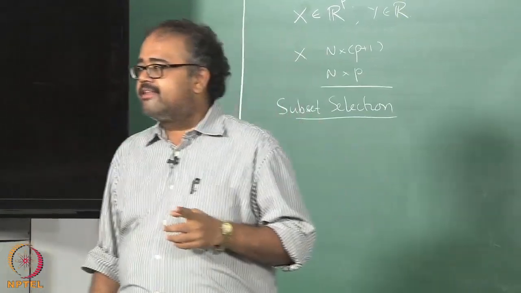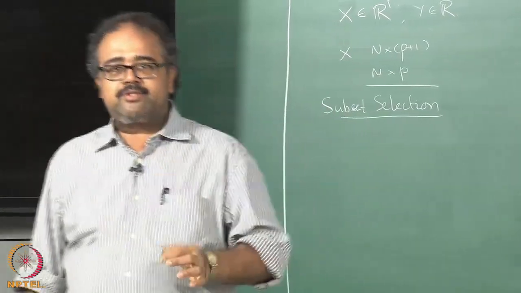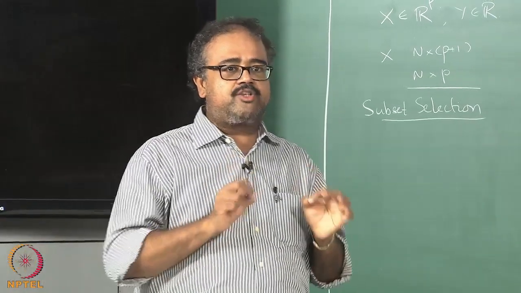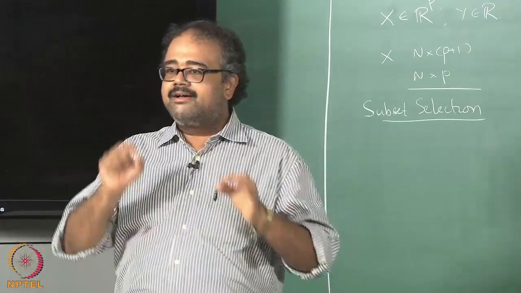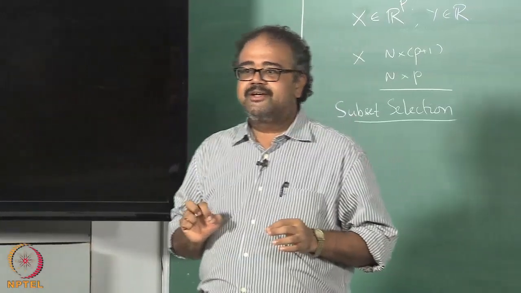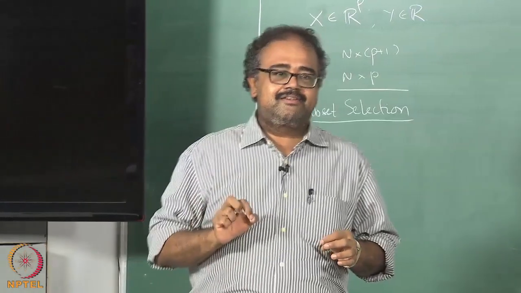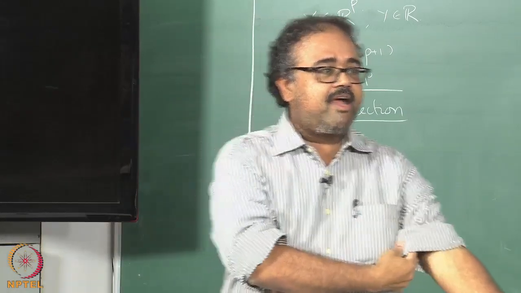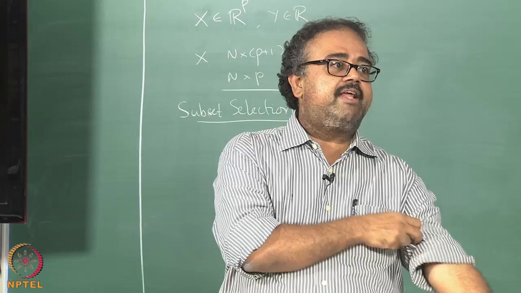What I did say is that if linear happens to be the right choice, then least squares fit gives you the zero bias solution, but the problem is the variance can be relatively high.